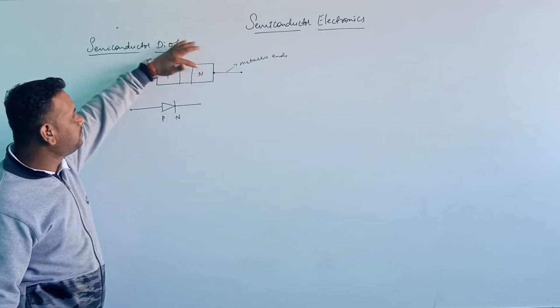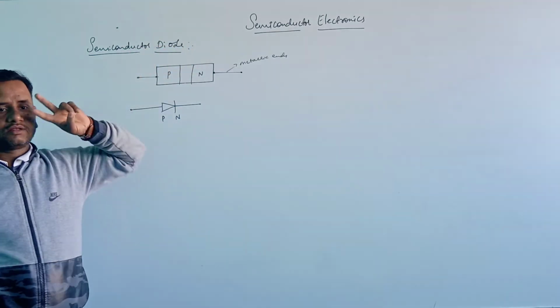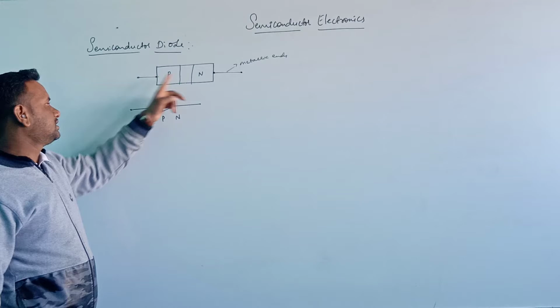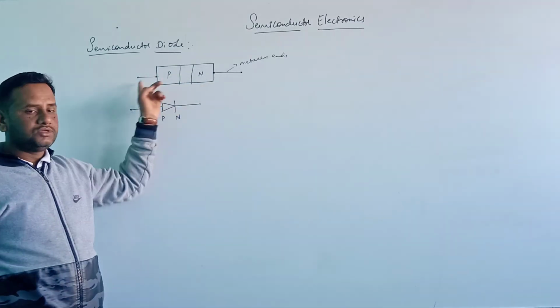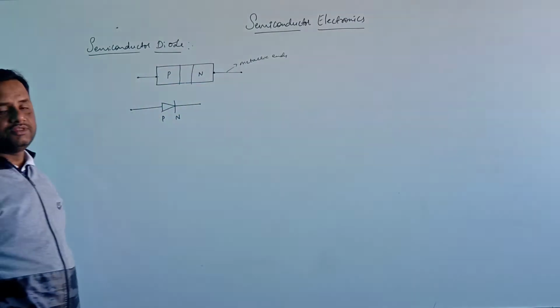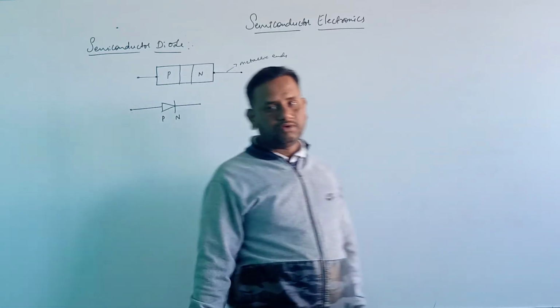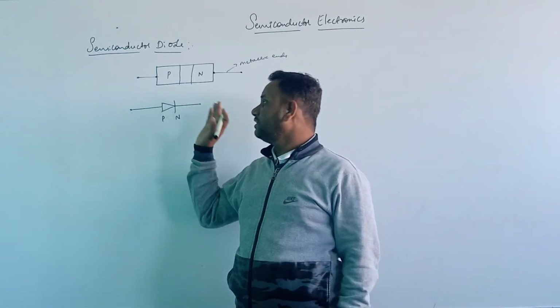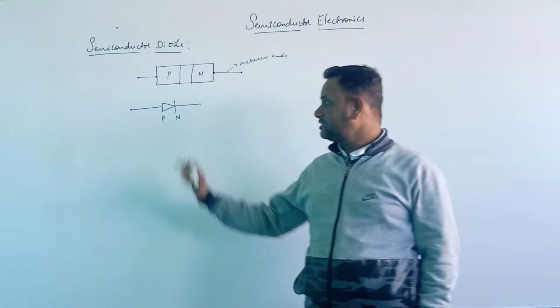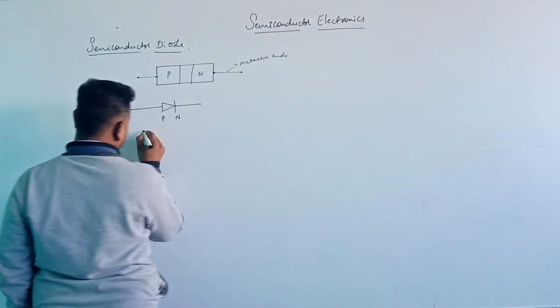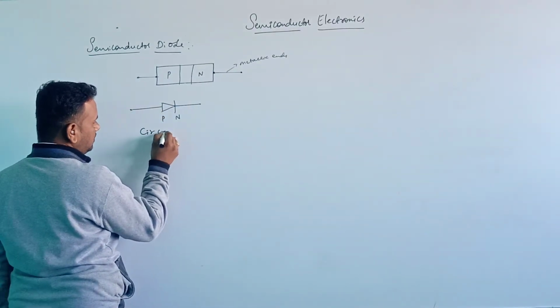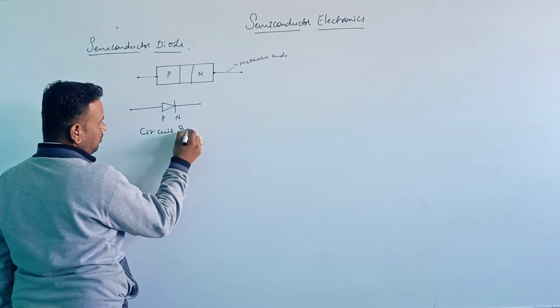On either side of this P and N region, we have the two metallic contacts. A PN junction provided with two metallic contacts is called the semiconductor diode. And this is the circuit symbol.